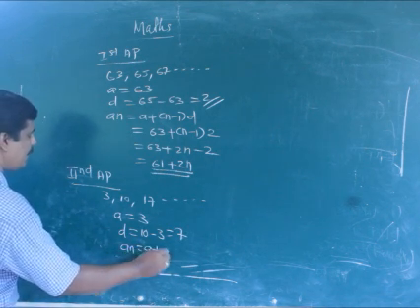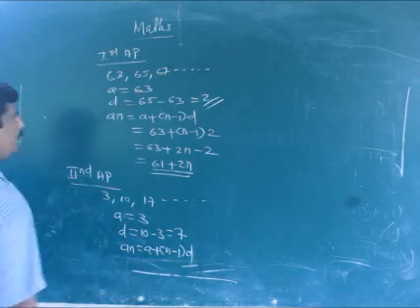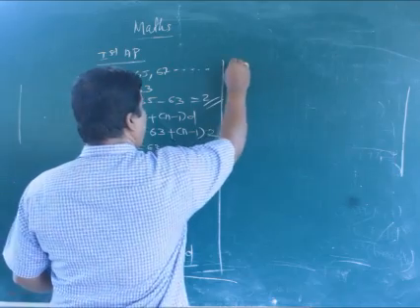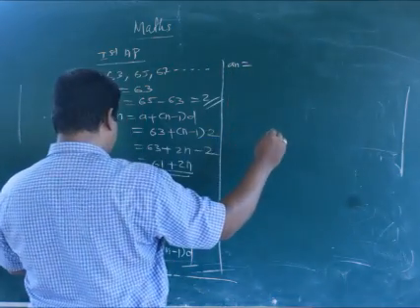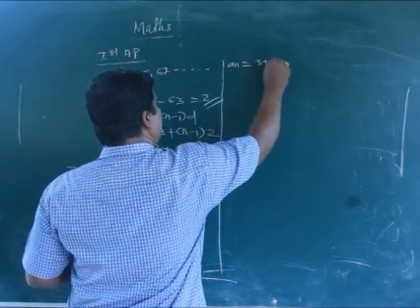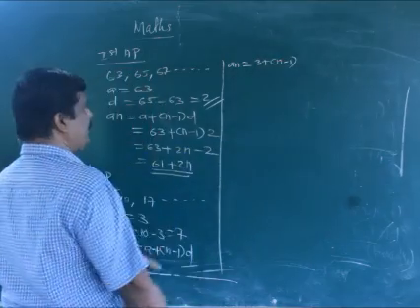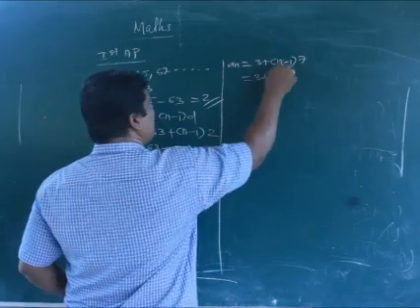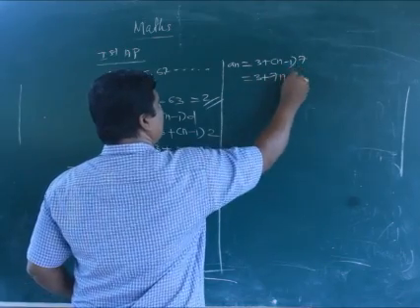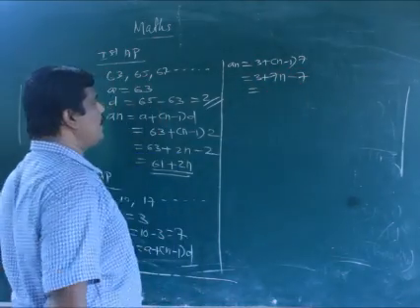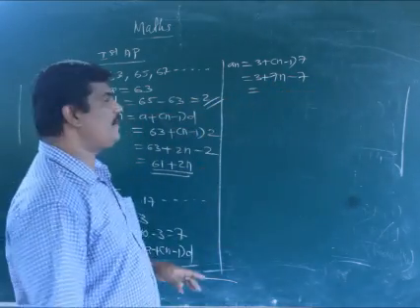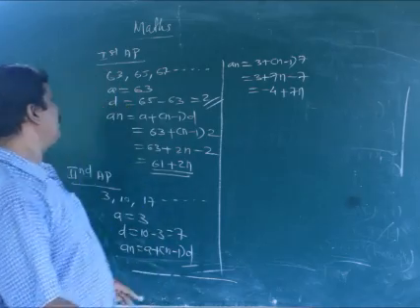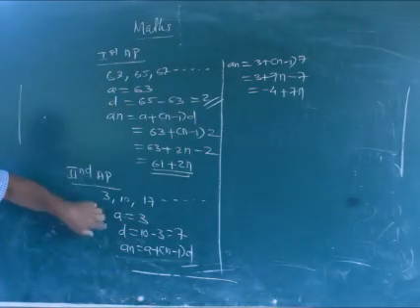Formula: A plus n minus 1 into D. So 3 plus n minus 1 into 7: 7 into n is 7n, 7 into minus 1 is minus 7. 3 minus 7 is minus 4, so minus 4 plus 7n. Clear?